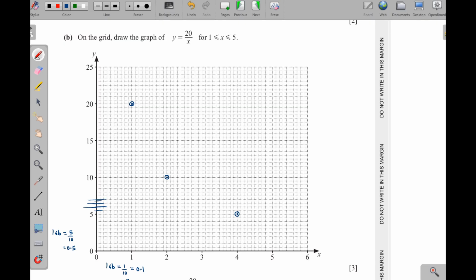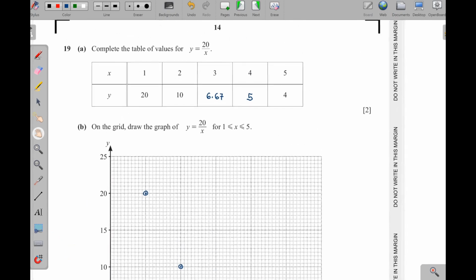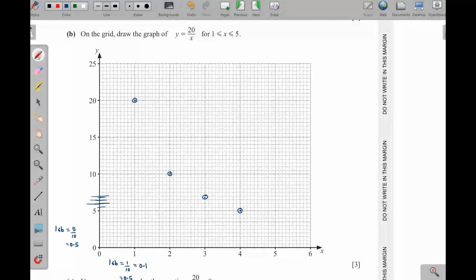So maybe it is around there. So I'll put it just near 7, something like that. And then we have 5 and 4. So it has to be just 2 small boxes below the 5. That is what we are going to have there.